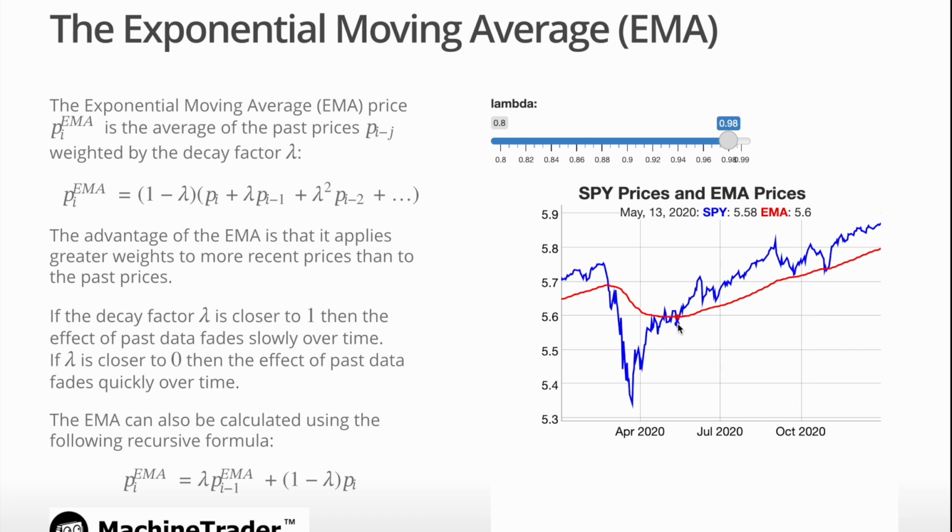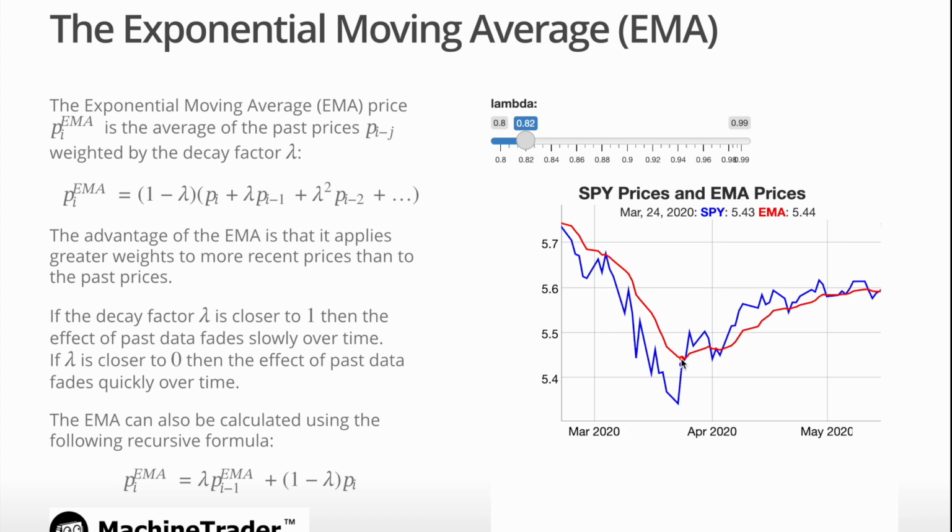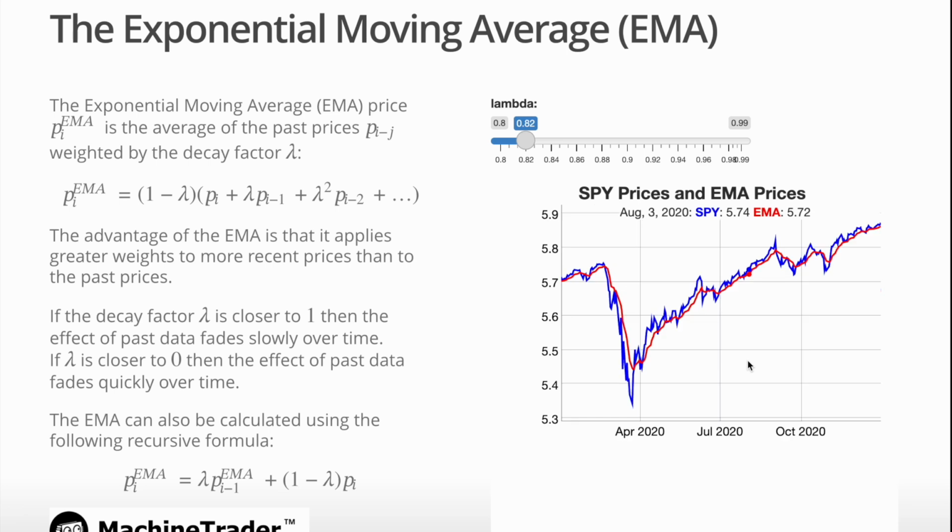This is equivalent to a long look-back window. And if we make the lambda parameter very small, the EMA price follows the underlying price much more closely, but it wiggles more.